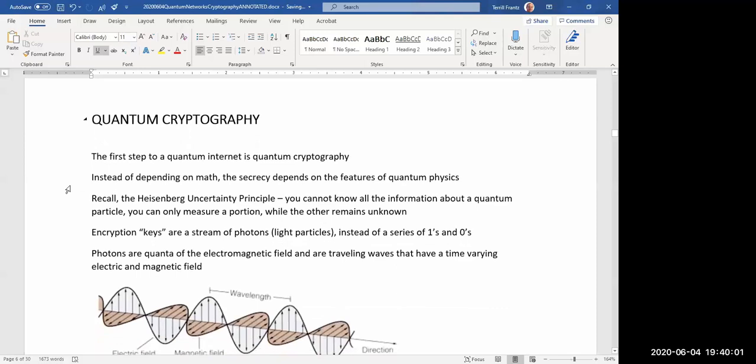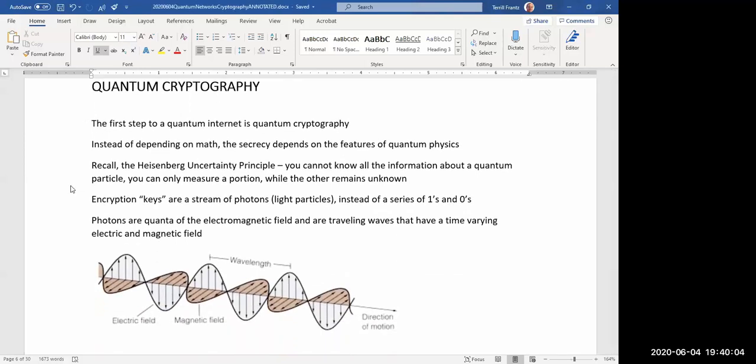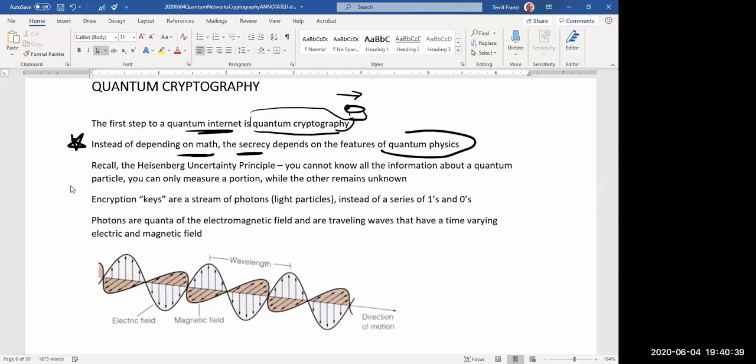All right, so let's get into the quantum piece, cryptography. When it comes to the notion of a quantum internet, the very first step is really to deal with quantum cryptography, which again, we use for data in motion or data at rest. So here, this is the big takeaway. In quantum cryptography, instead of depending on the math, which we believe Shor's algorithm is one way to break, the secrecy now depends on features of quantum physics.